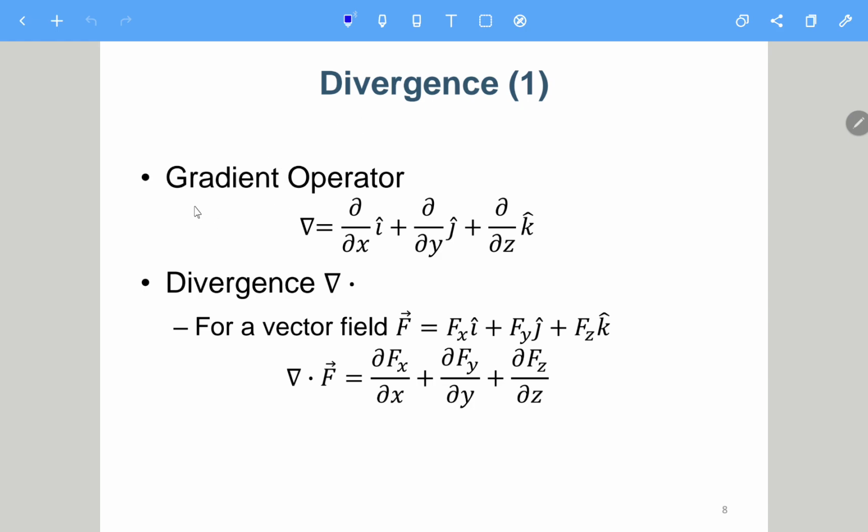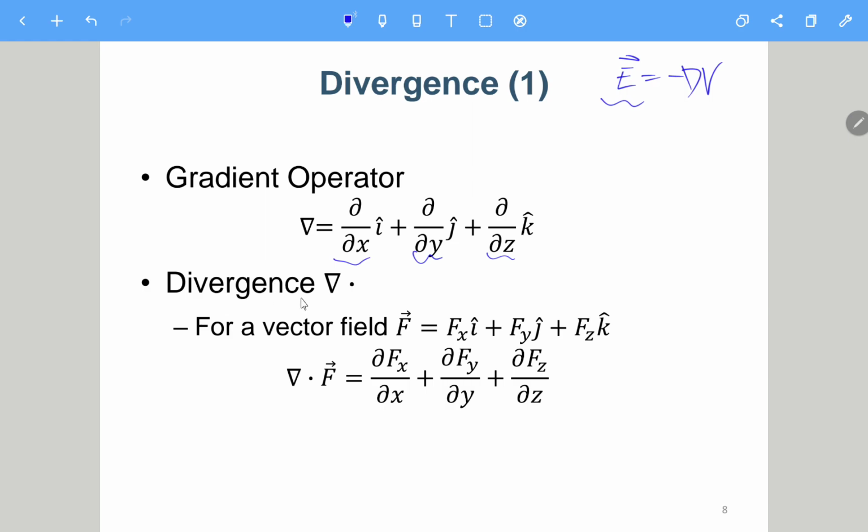As in chapter 24, you already learned the gradient operator. The gradient operator is like the derivative in 3 dimensions. If you still remember, E equals negative gradient V. You take V and then partial x, partial y, partial z, and this gives the 3 components of the E field.